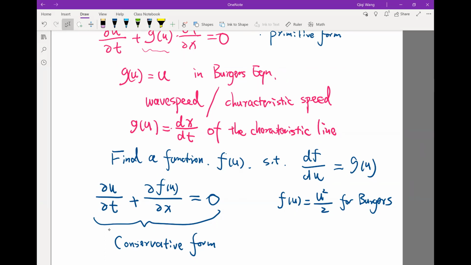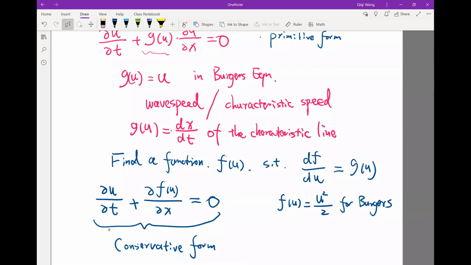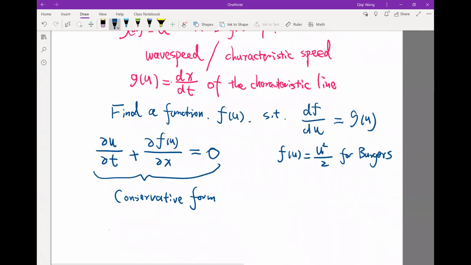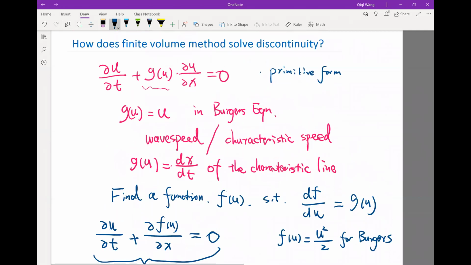Any equation written in such a form is describing a conservation law. So Burger's equation is basically describing a conservation law in which the wave speed is u.